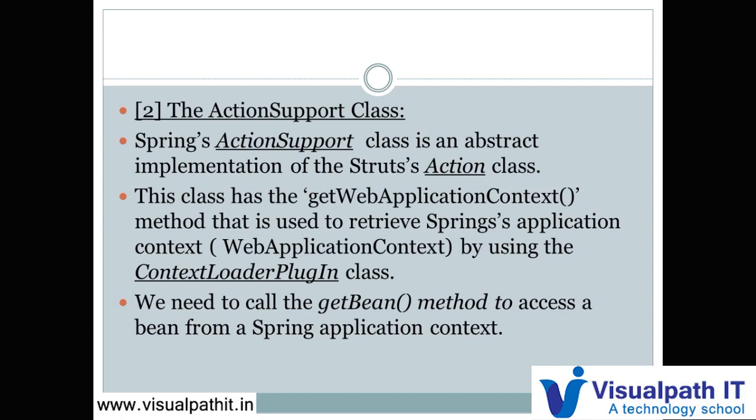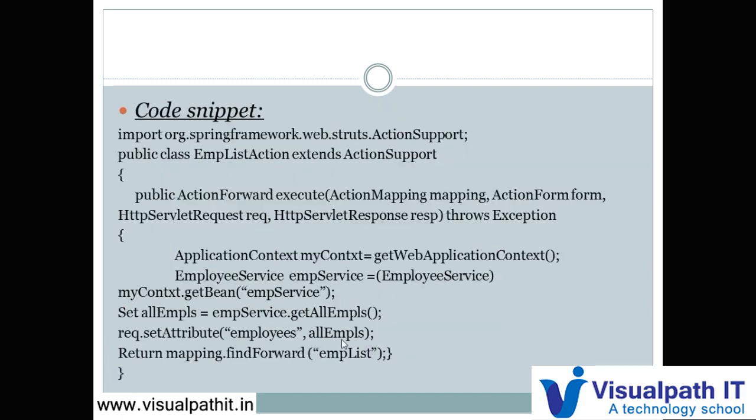It has the getWebApplicationContext method, to retrieve Spring's application context by using the ContextLoaderPlugin class. In the code snippet, it uses the getBean method to access the bean from a Spring application context. This code snippet neatly shows how to use the ActionSupport class to access beans from Spring's application context.